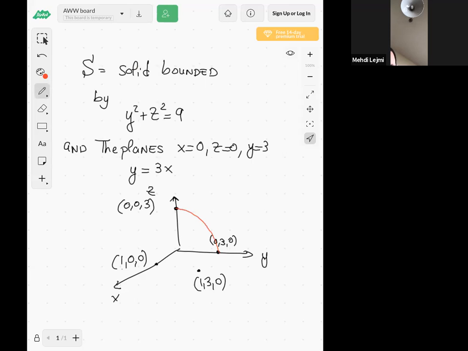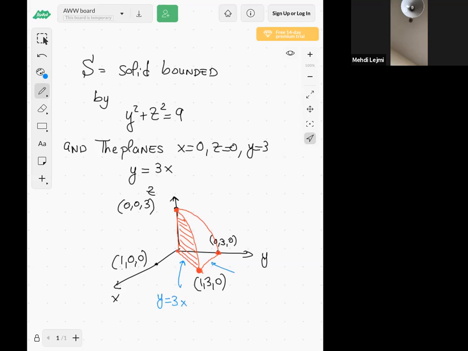We have this line, the intersection with the plane y equals 3x. Just to give you an idea, this line here should be the line y equals 3x.